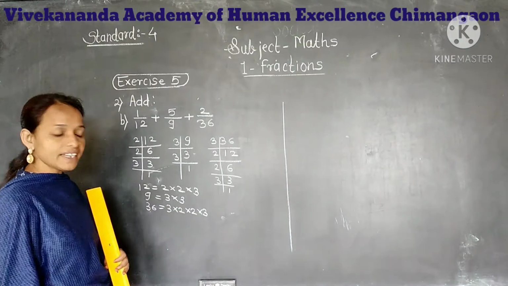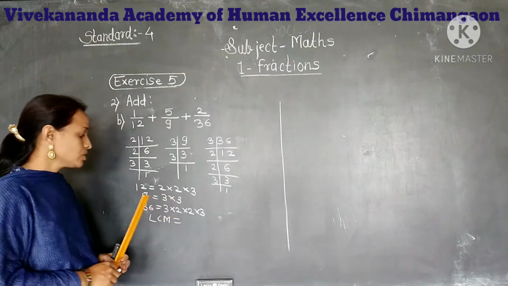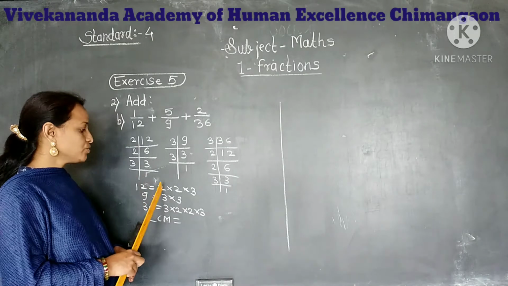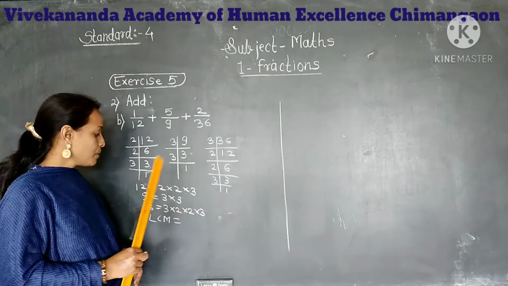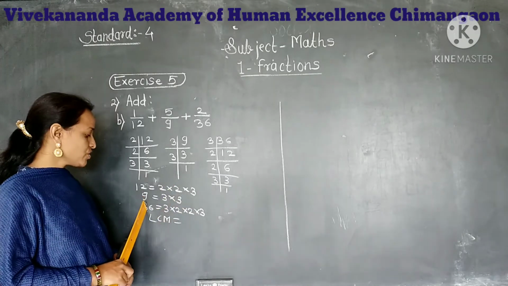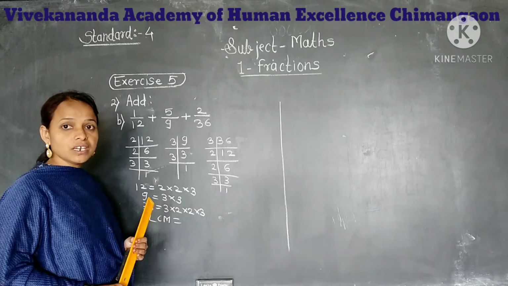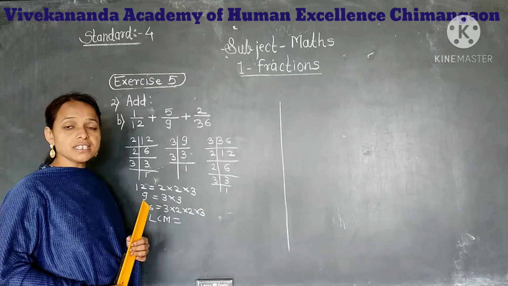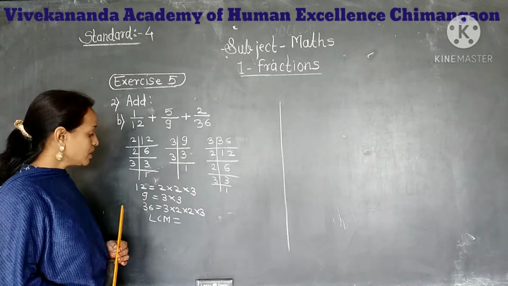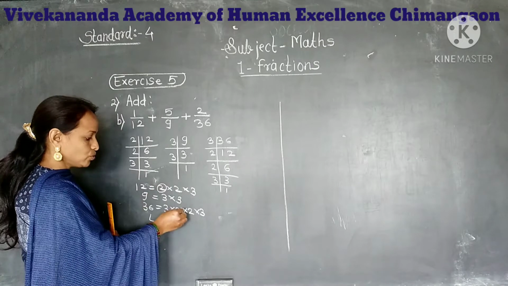Now we will find LCM. So here prime factorization of 12, 2 into 2 into 3. Prime factorization of 9, 3 into 3. And prime factorization of 36, 3 into 2 into 2 into 3. Now we find LCM. LCM means product of common and uncommon factors. Here common factor first we find 2.